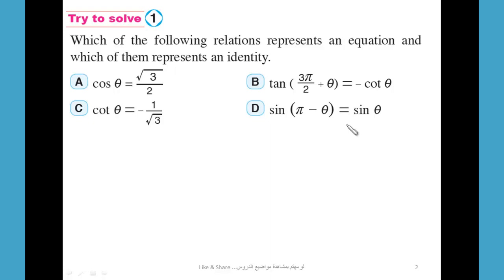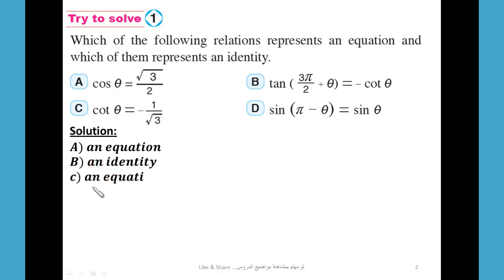It is an identity because it is always true for any value of theta. And we can write the solution here. A, an equation. B, an identity. C, an equation. And D, an identity.